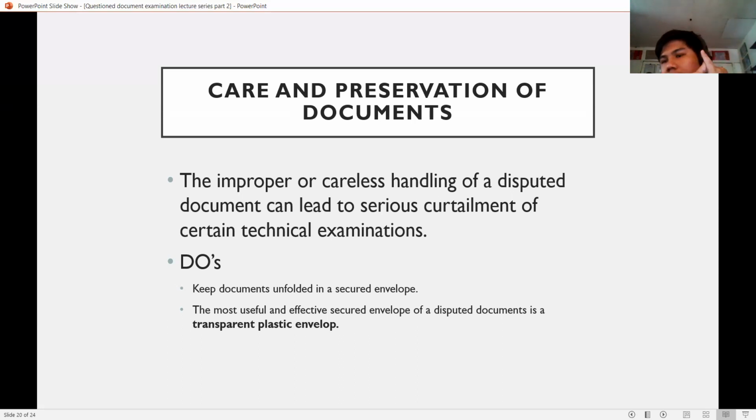Number one, keep documents unfolded. Ayaw pilo. And you should place it in a secured envelope. The most useful and effective secured envelope for a disputed document is a transparent plastic envelope. Transparent plastic envelope, visible.